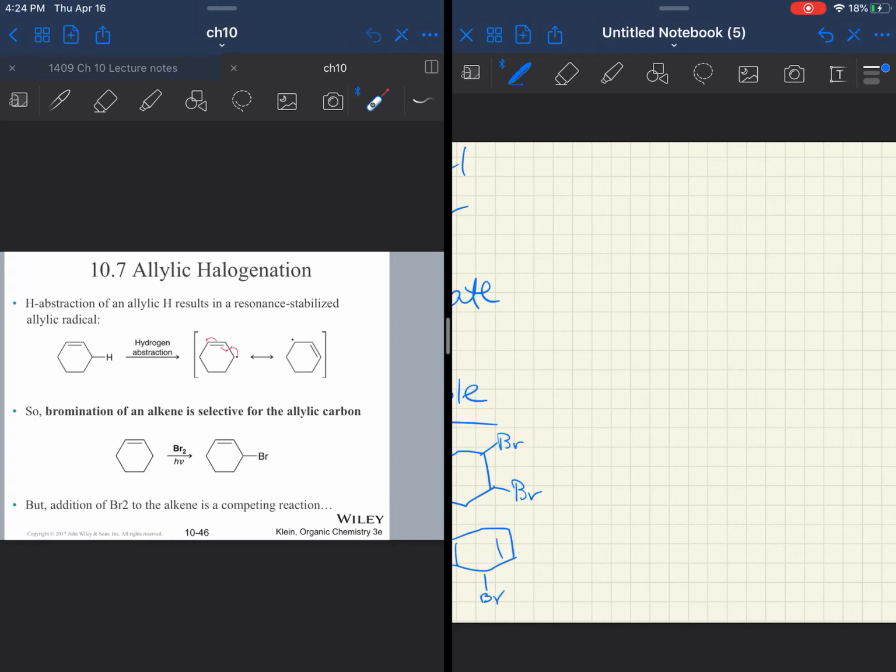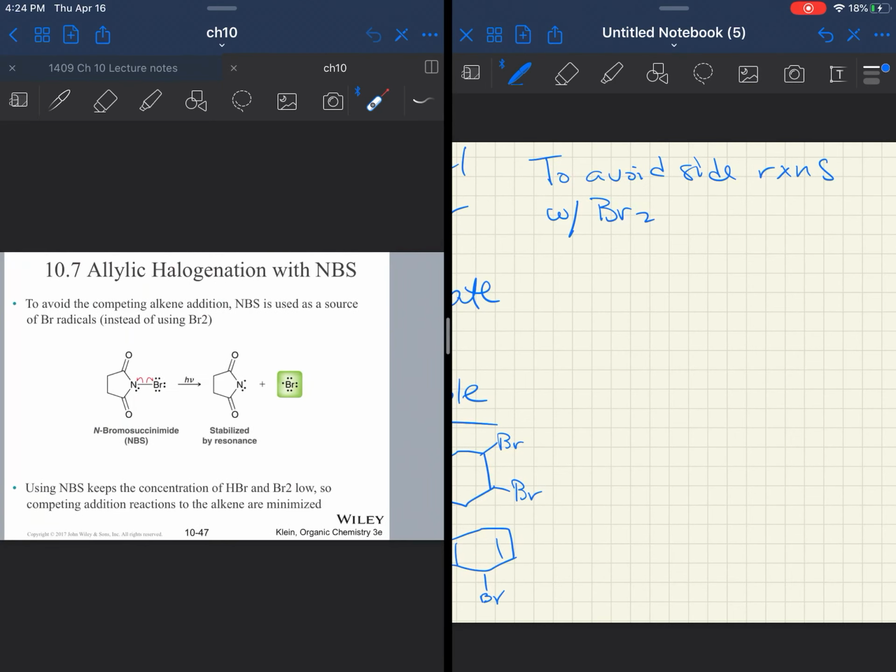But since I started this conversation about the reagent, let's continue there. So to avoid side reactions with Br2, you can use NBS. You guys saw that in the lab that you did virtually. NBS is essentially tying the Br2 up so that you don't have a bunch of Br2 running around that could react with your double bond.